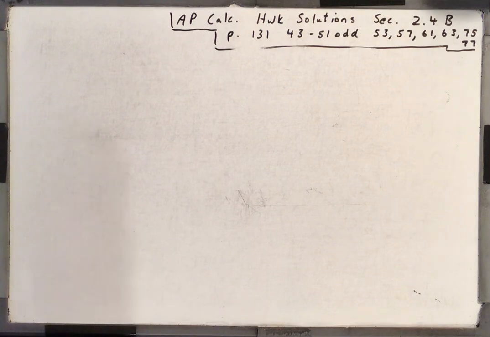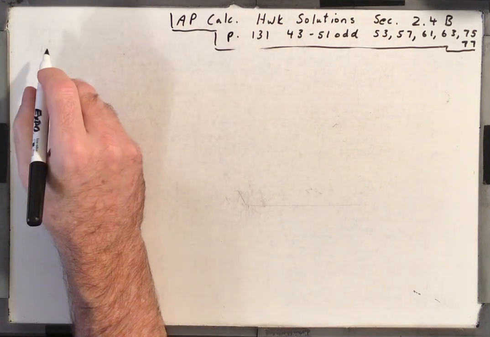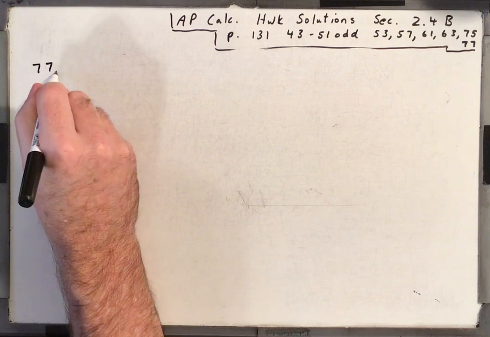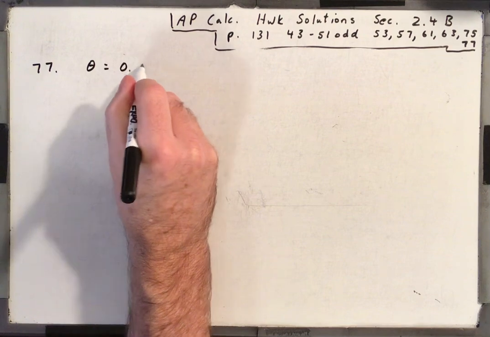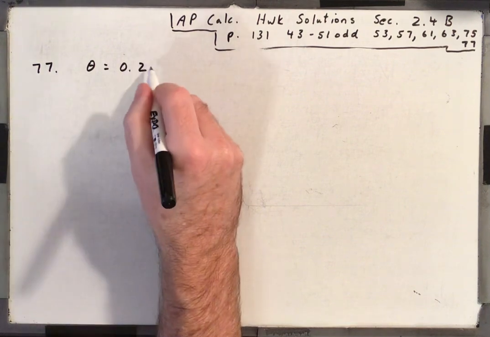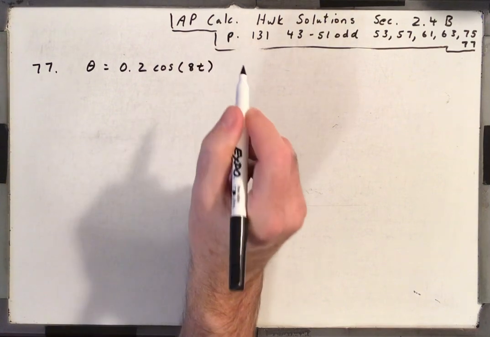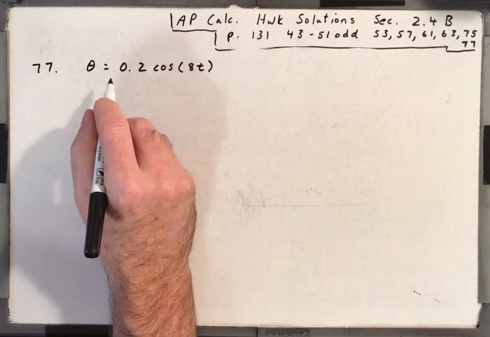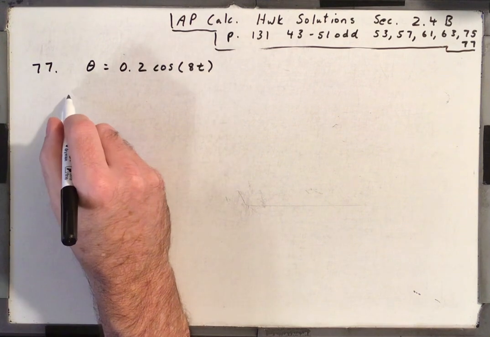So we have a pendulum swing. That's also in physics that we didn't cover. Theta is equal to 0.2 cosine, and I'm going to write it like this, 8t. So part A is the first part, determine the maximum angular displacement.